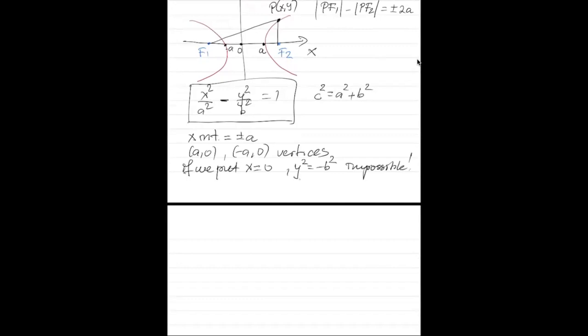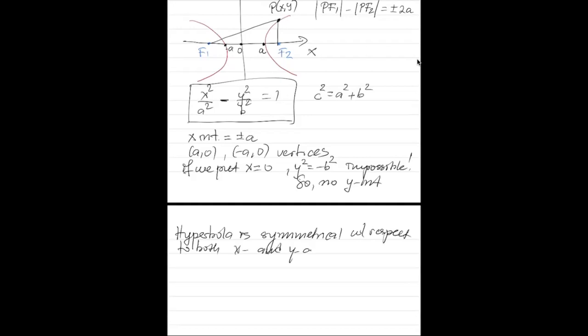Therefore, there are no y-intercepts in the hyperbola. Hyperbola is symmetrical with respect to both x and y-axis.